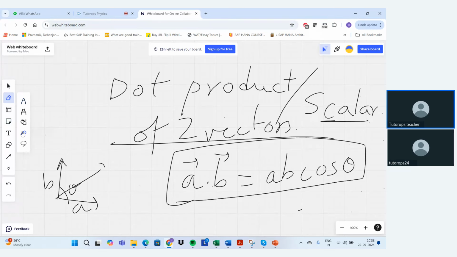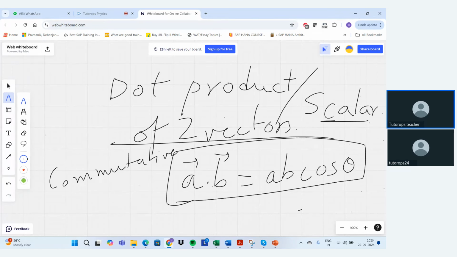One is called the commutative property, and the other is called the distributive property.